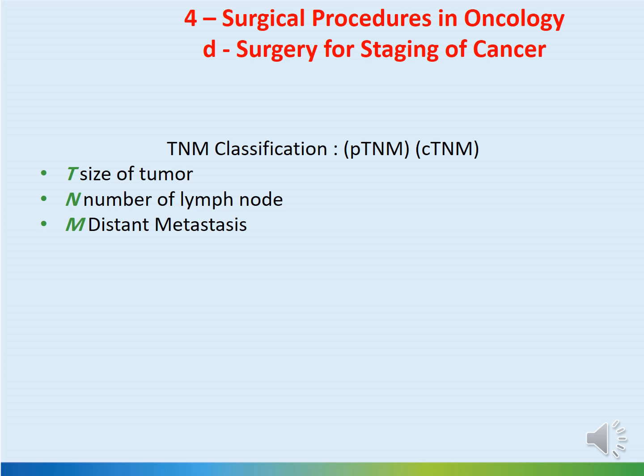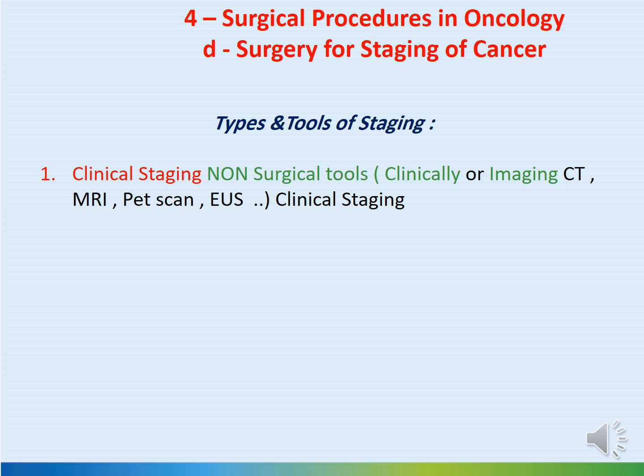The most common classification of staging is called TNM. T is for the size of the tumor, N for the number of lymph nodes, and M for distant metastasis. And we have two types of TNM staging. Number one is called clinical staging.